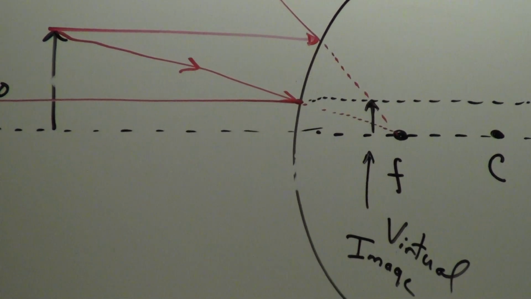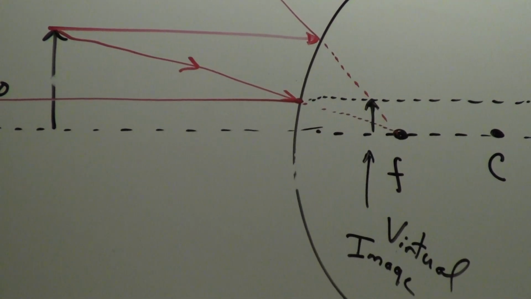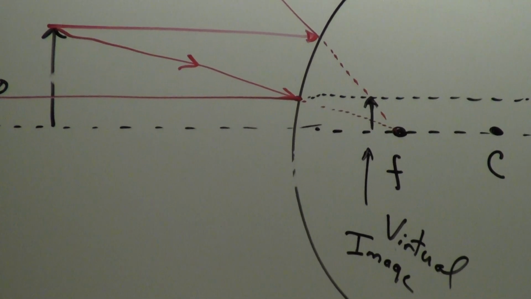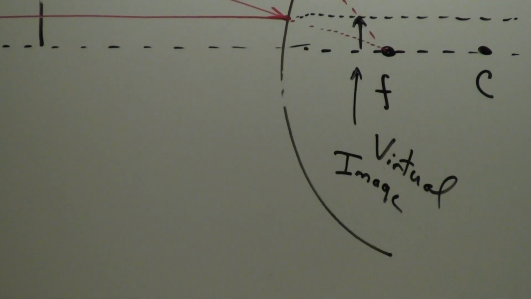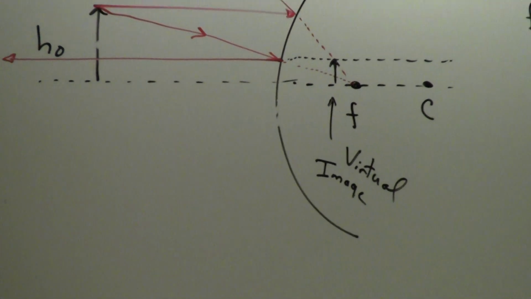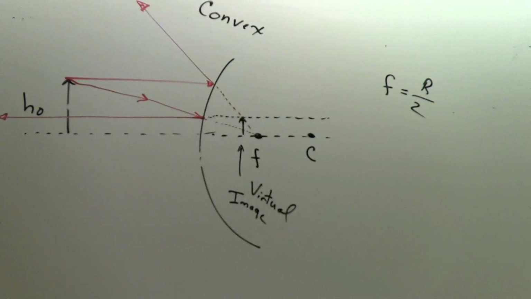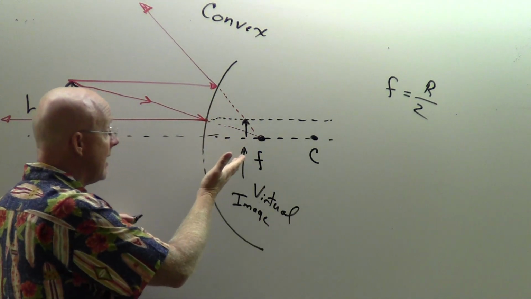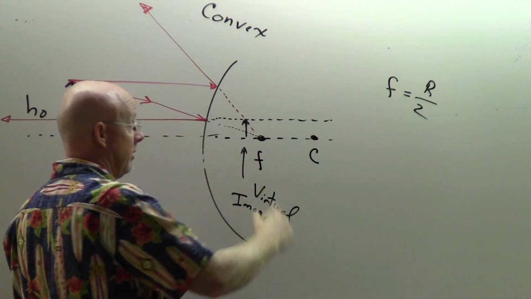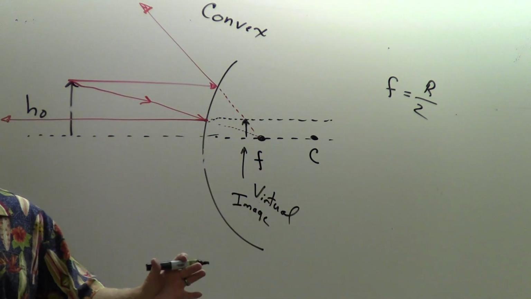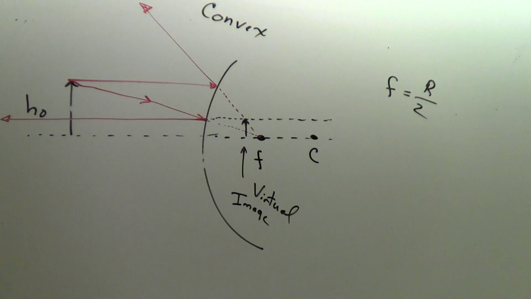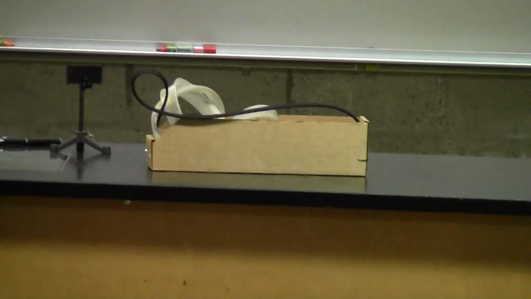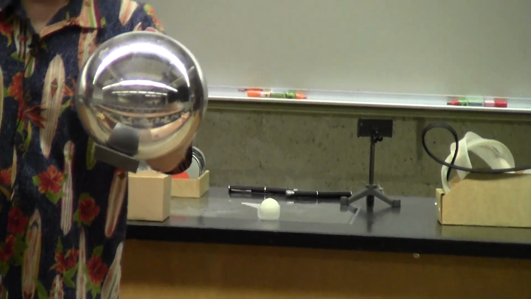And I'll say it again, I call this the boring mirror, not because it doesn't have any usefulness to it, but it only does one thing. It makes a virtual image, and notice this image is right side up and smaller. That's all this mirror ever does. And so you probably could see that in this shape or in this shape.